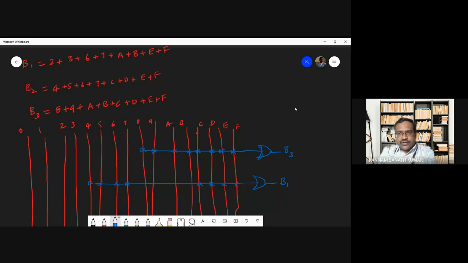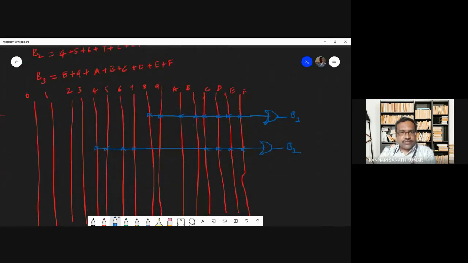So this is B2. And B1, so from 2 it will start: 2 OR 3 OR 6 OR 7 OR.